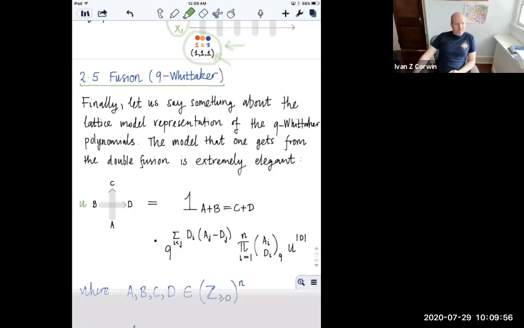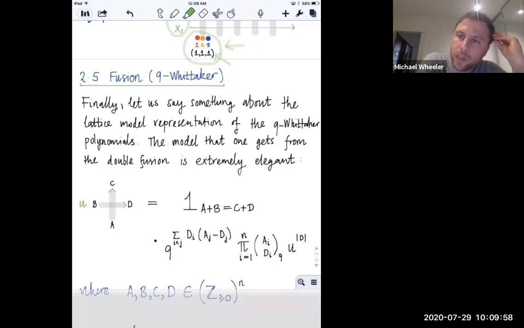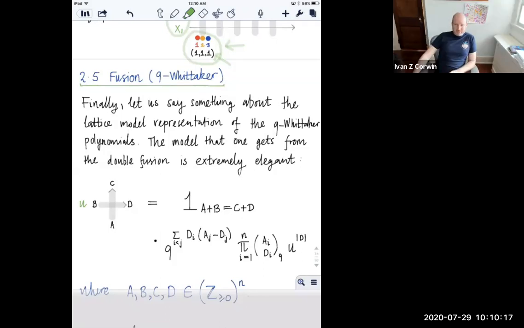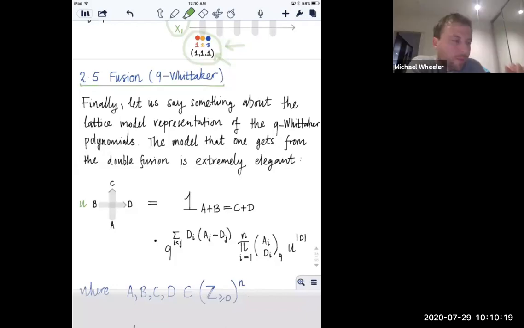Right. As far as I know, the t to 1 limit of Hall-Littlewood is not very interesting. The naive t to 1 limit just gives monomial symmetric functions. So you would have to perform some sort of non-trivial scaling there to get something, which anyway you need to do to get to the Whittaker.